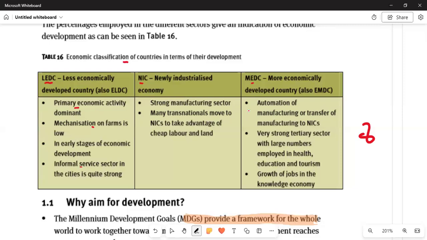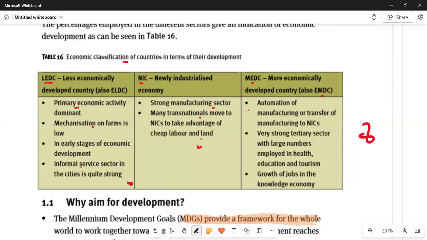And then we need also to understand that the informal services sector in the city is quite strong. Newly industrialized economy, we are saying that there's a strong manufacturing sector. So it means now the secondary activity is taking place, and many more transition to the NIC, which here it can be 4 marks, but here in the less developed we are saying it can be 8 marks. And then let us understand the more economically developed country, also known as the MEDC.